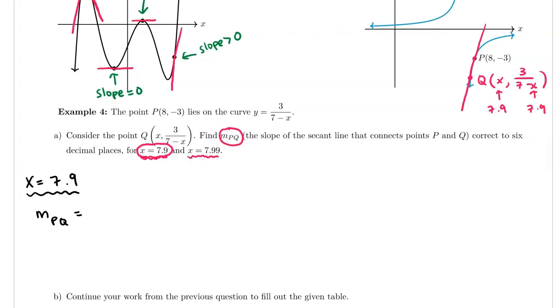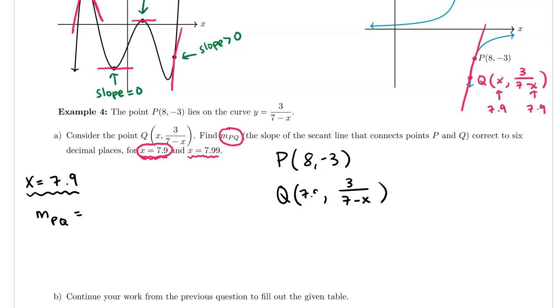Okay, so again, for x equals 7.9, I'm trying to find the slope of the secant line. And I know that my first point P has the coordinates 8, -3, and then Q has the coordinates x, 3 over 7 minus x. But I want numbers for those because I'm trying to calculate a slope. So it's telling us to replace x with 7.9.